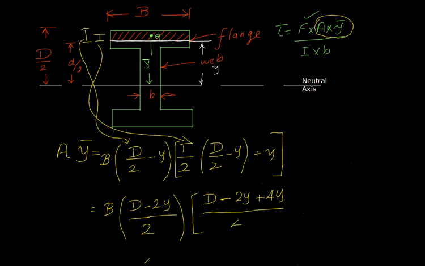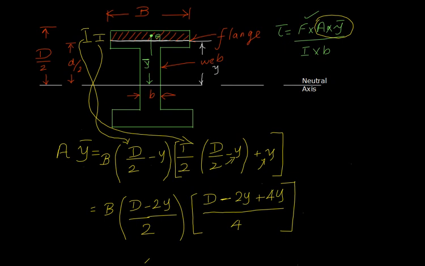I have just taken the LCM. If you just take 1 minute, you will be able to come to this particular expression. I have brought this 2 over here, and I have multiplied this 1 by 2 inside the bracketed terms to get 4 in the denominator. And if you take LCM, this 4 will also come over here. So I get plus 4y, and the whole divided by 4 because I have taken the LCM.